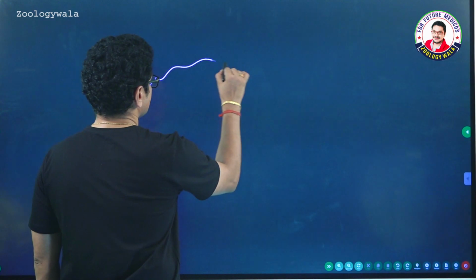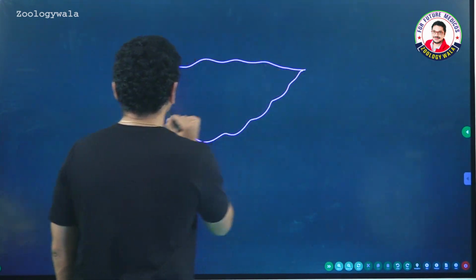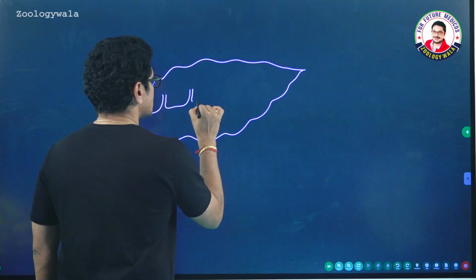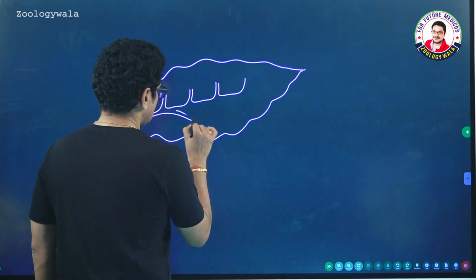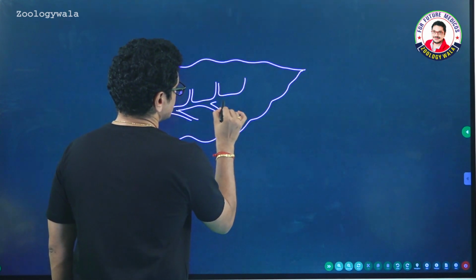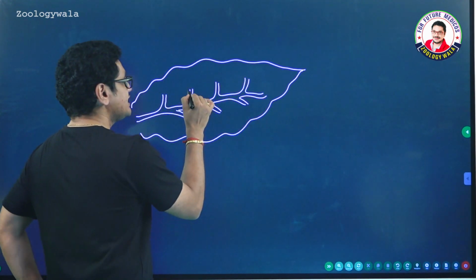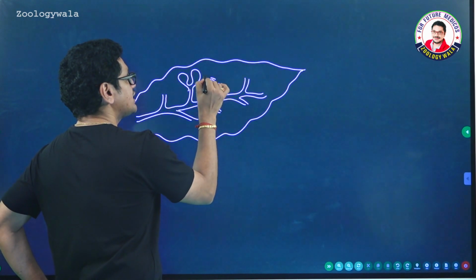Imagine this is a pancreas, which is an irregular leaf-like structure, and here imagine these are the ducts and small structures of the pancreas. What do I mean by these small structures? Here are the acini, called pancreatic acini.